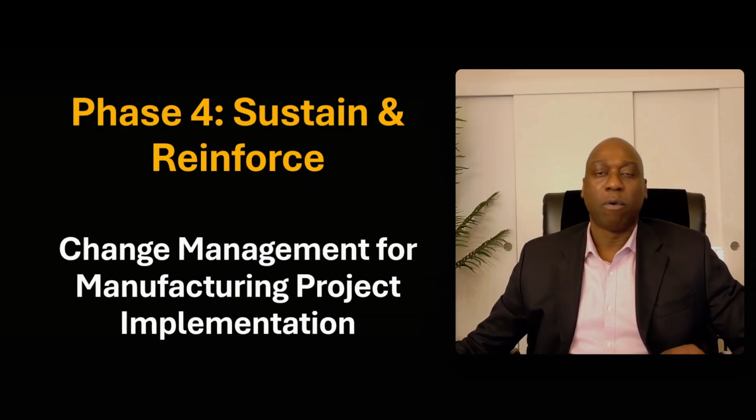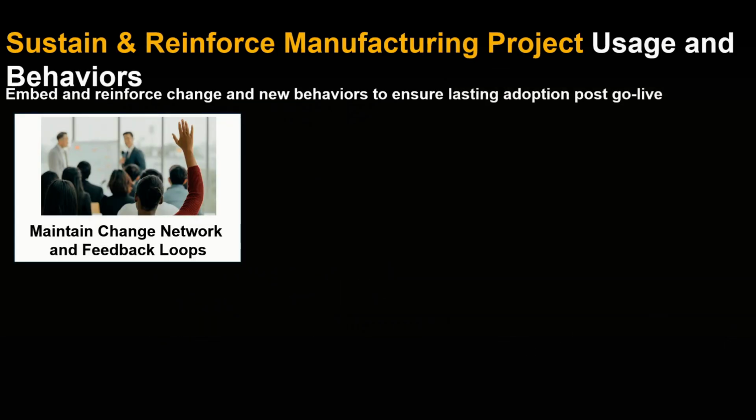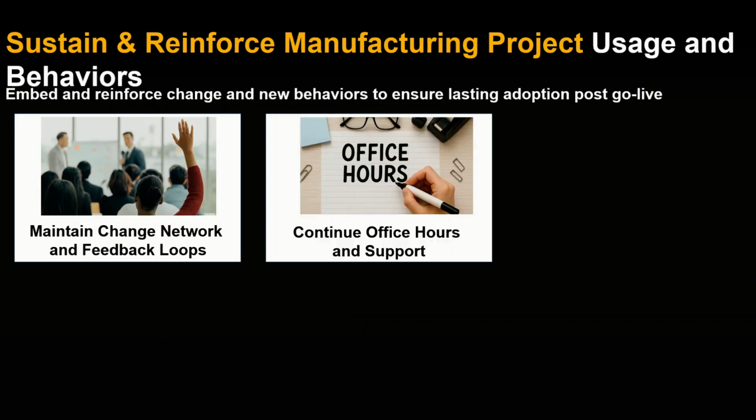Now, for this phase 4, one of the things that you will want to do is start by maintaining your change champion network and feedback loops. Ensure you are keeping your manufacturing champions engaged. You also want to continue office hours and support to provide ongoing help to your manufacturing target audience.